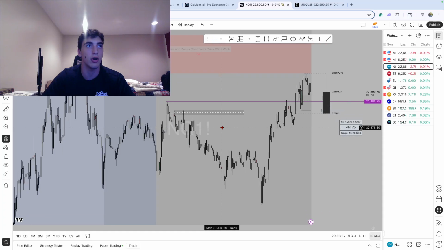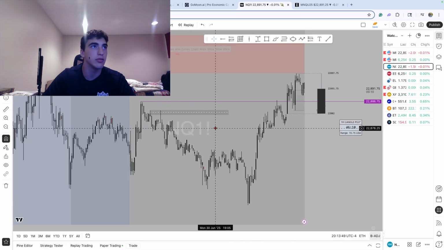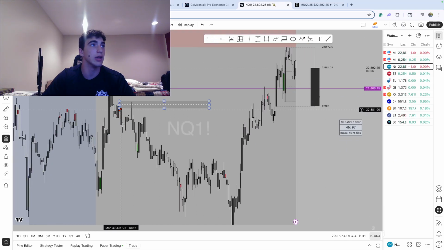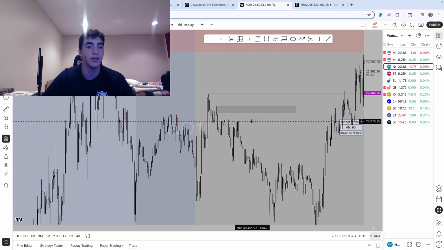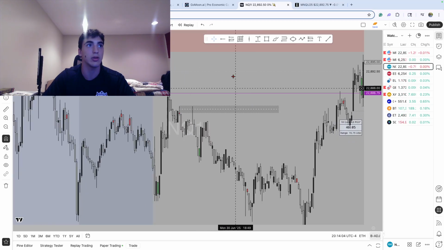And within those are rejection points that reinforce the continuation of price action. So with an indicator that I use, it let me know that this candle was in fact a draw on liquidity from a supply and demand standpoint.